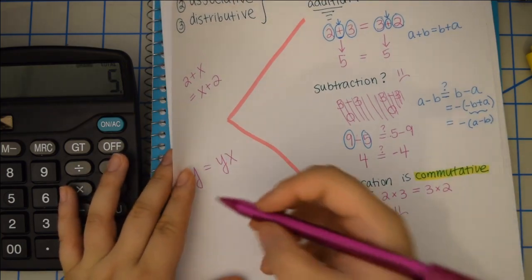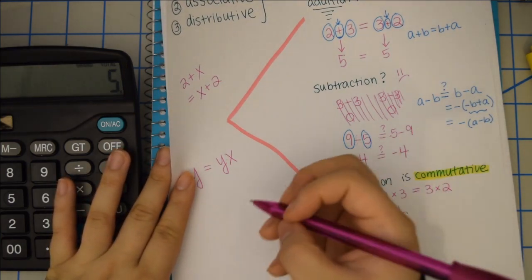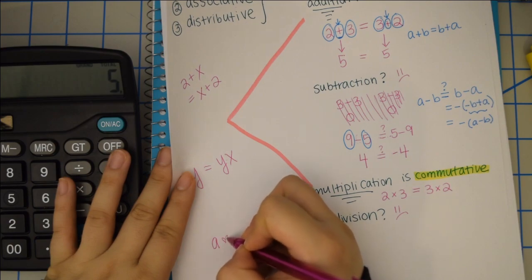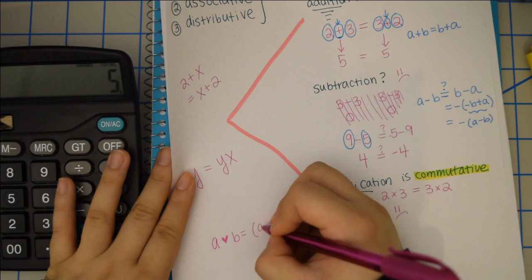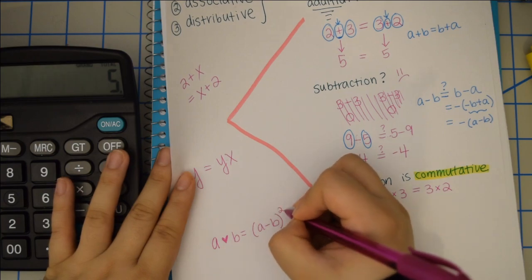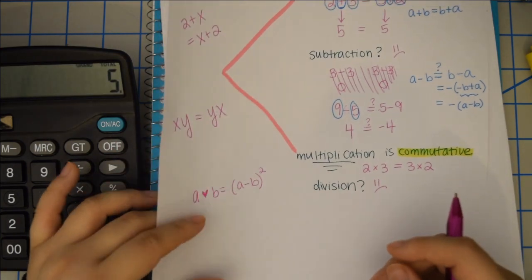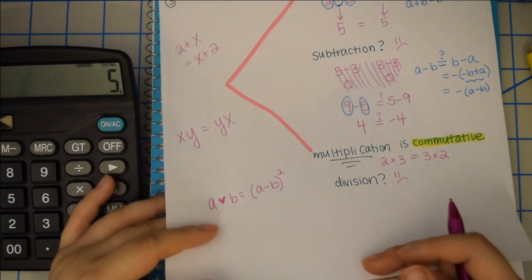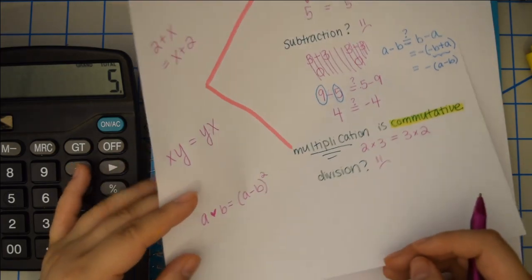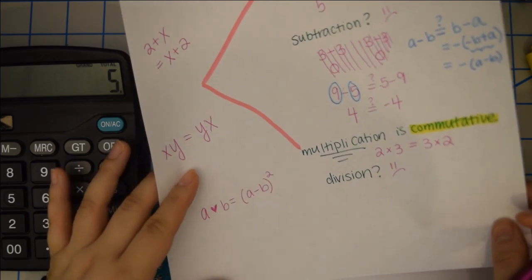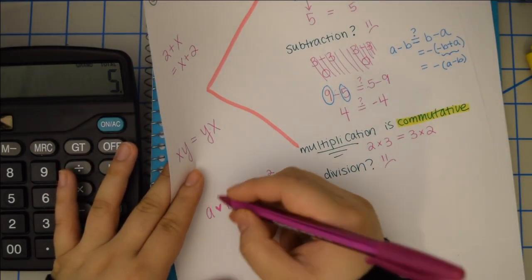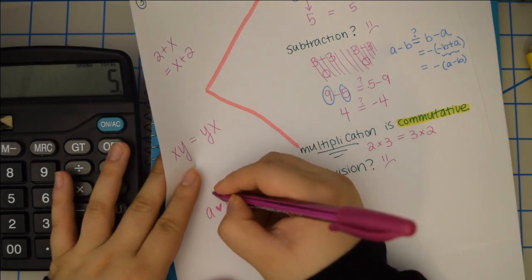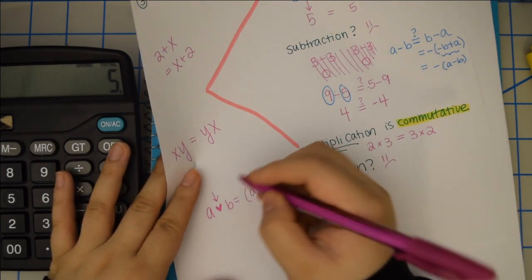For instance, if I decide to say a heart b equals a minus b squared. This is a fun little problem. If you're interested, you can try it out. Let me know in the comments what you think. But if I were to say, is this commutative? Really, you would try, is heart commutative, right? Remember, it's operations.